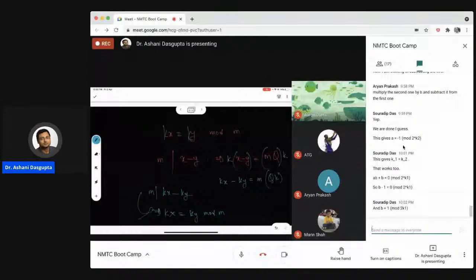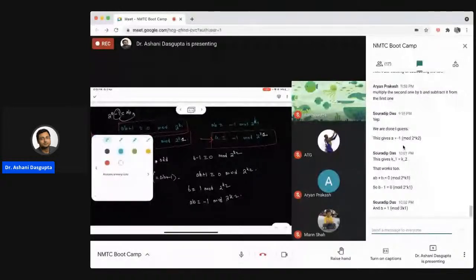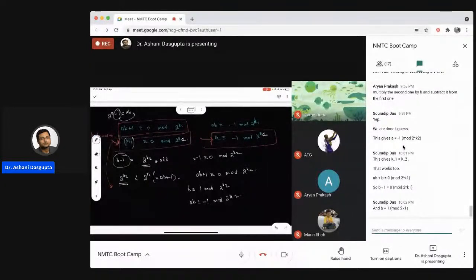Okay, so now let's do what Aryan is saying. You're suggesting multiply by b on both sides, and then subtract the first one from this. So ab plus 1 is congruent to 0 mod 2 to the power k1, and ab plus b is congruent to 0 mod 2 to the power k1. Now you can subtract these two.